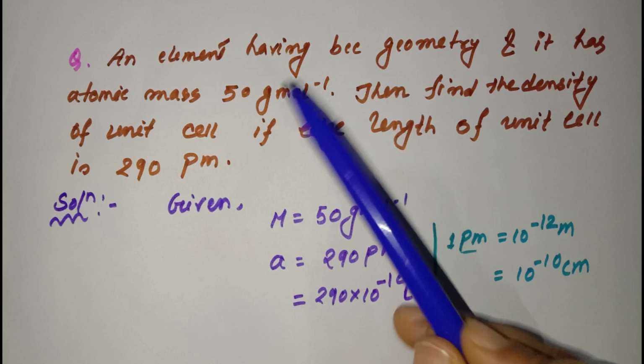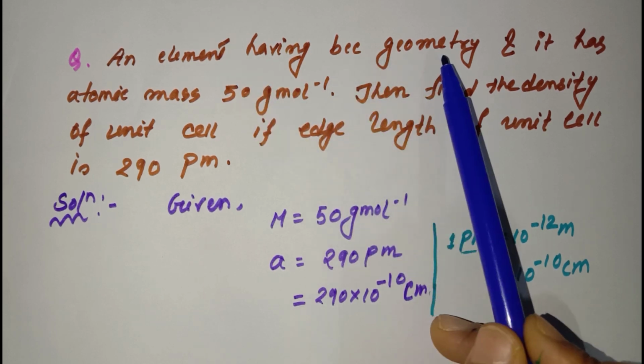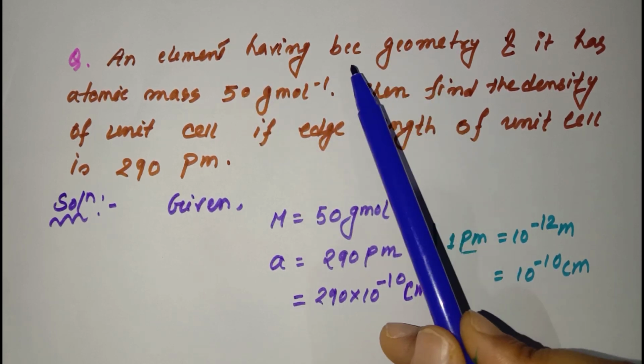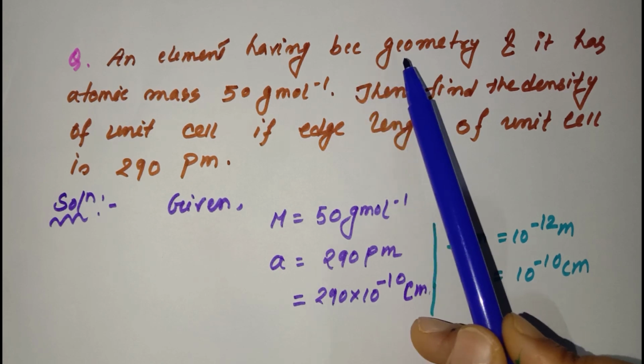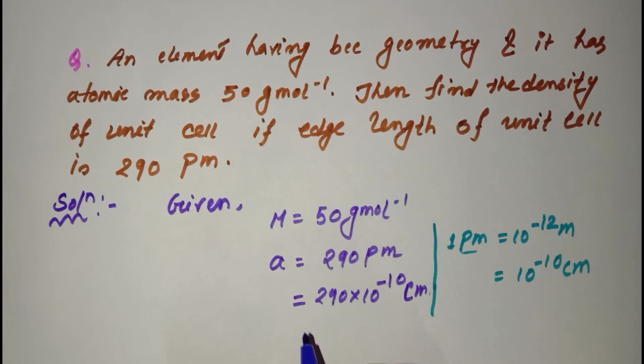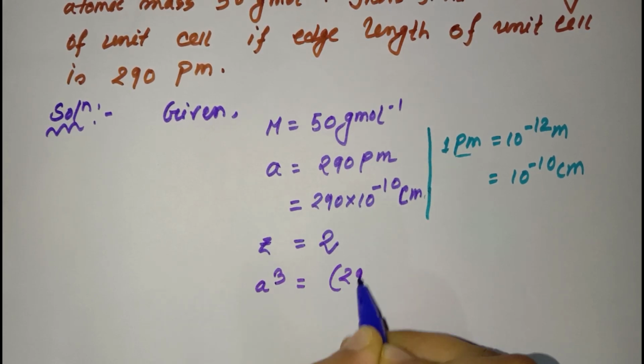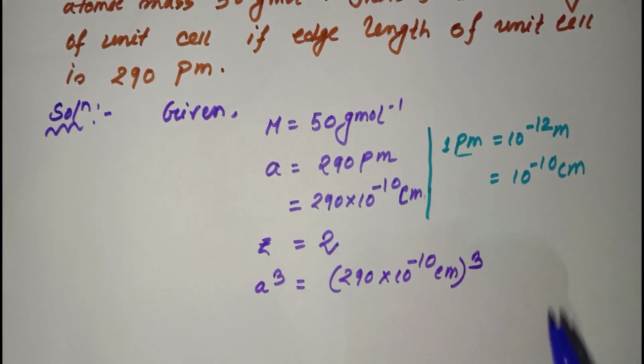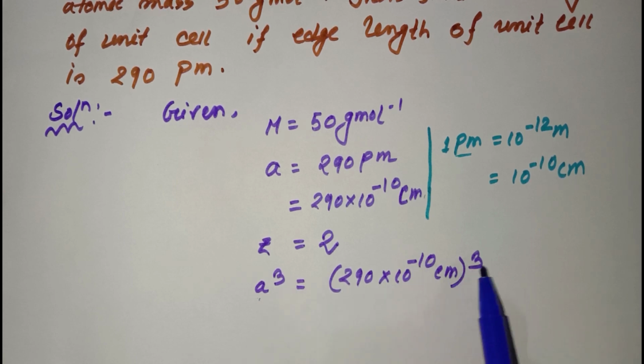Now also, what is given? It has a BCC geometry. So we can calculate the number of atoms, that is the Z value. In the case of a BCC unit cell, the number of atoms is 2. And a cube, that is the volume, will be 290 into 10 to the power minus 10 centimeter whole cube.